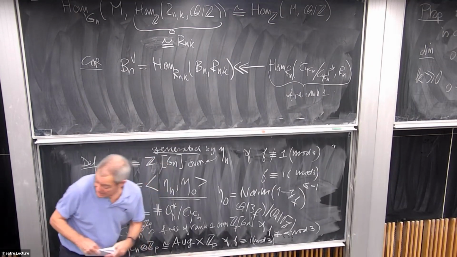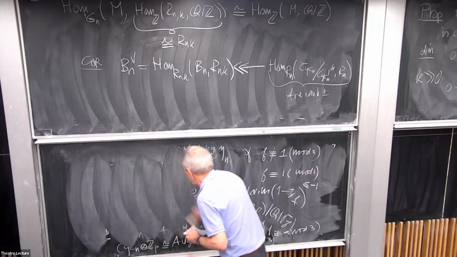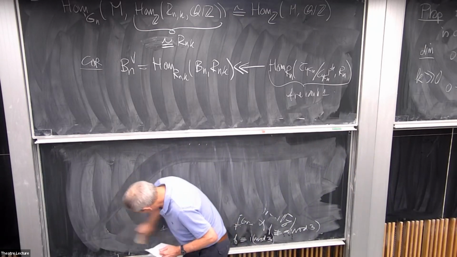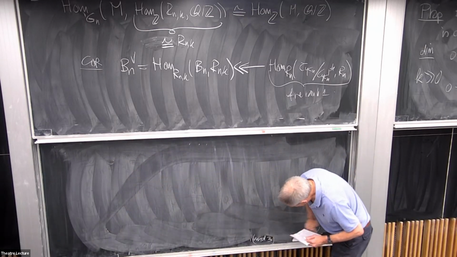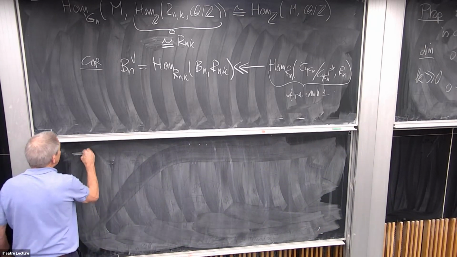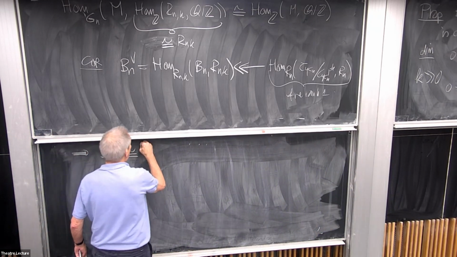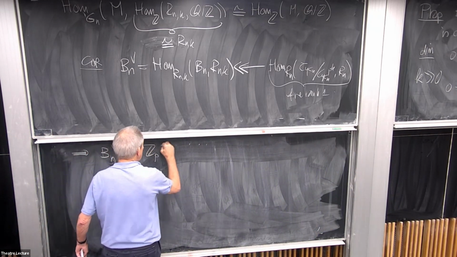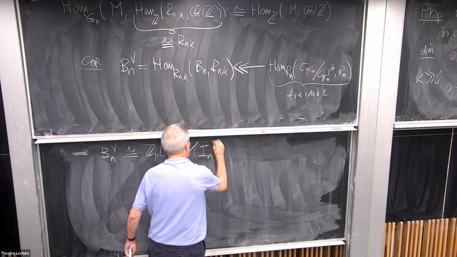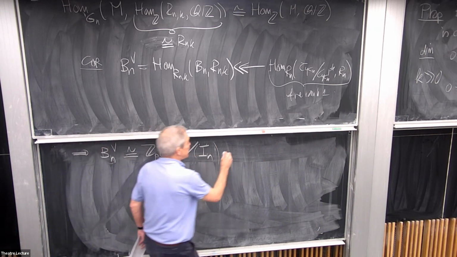Now you can glue all these things together. It's all cyclotomic, eta n plus 1 is mapping to eta n. Everything works out fine. So we get now that Bn dual as a Galois module is isomorphic to Zp Gn modulo some ideal In. I also put p to the k, and p to the k is contained in this ideal. This is as a Galois module.